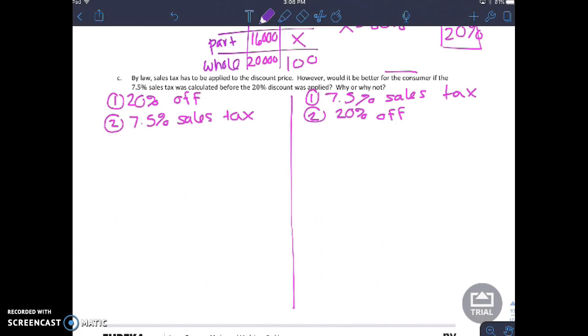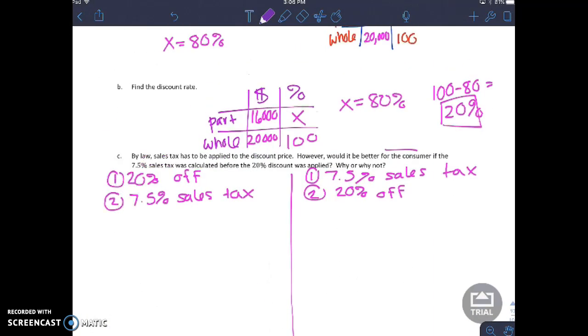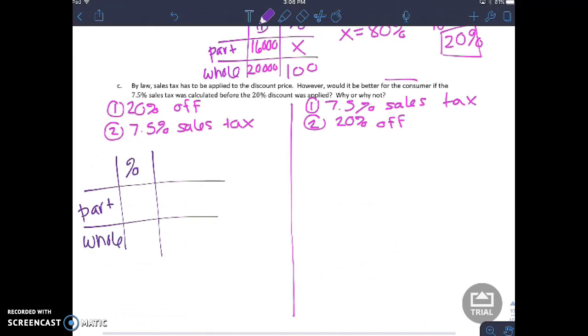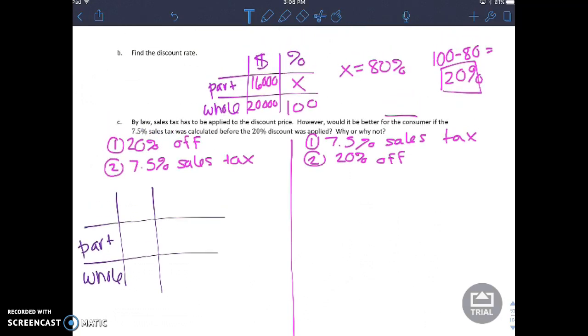So the first thing we need to do is calculate the discount. So 20% off is going to be calculated first. So in this case, the discount, okay, 20% discount. So we have our tic-tac-toe, we have our part, whole, number and percent.